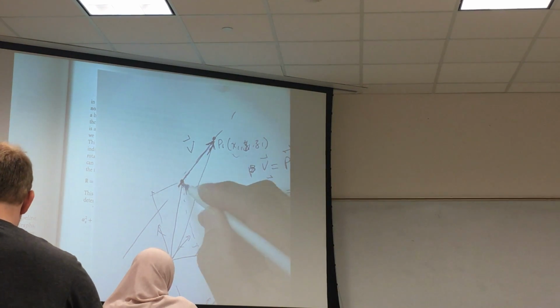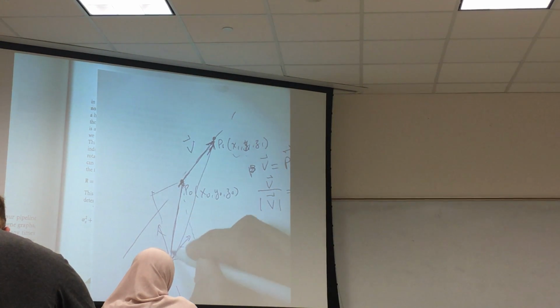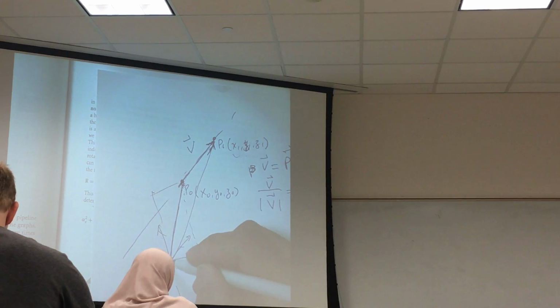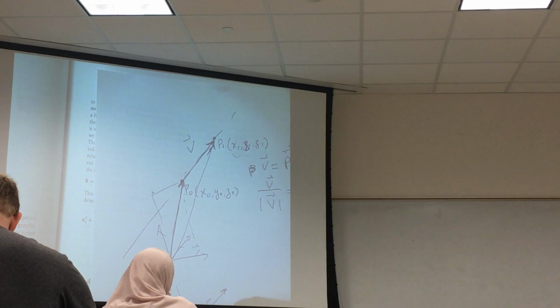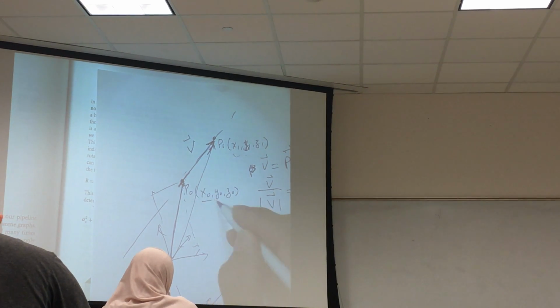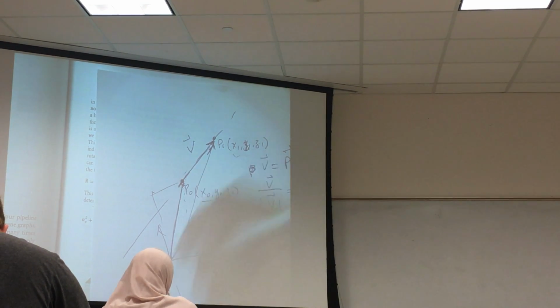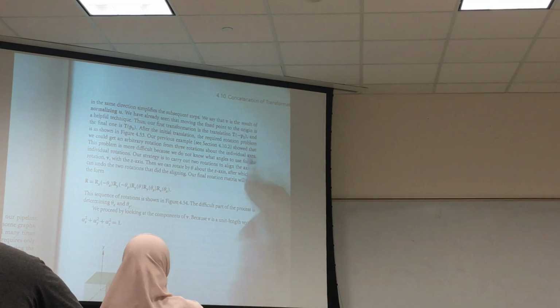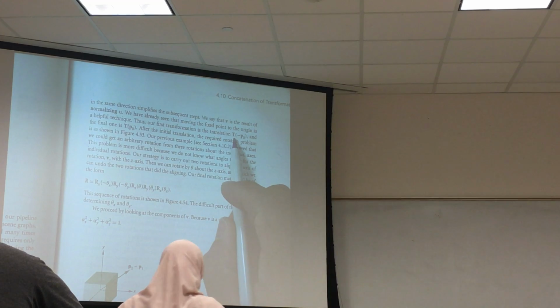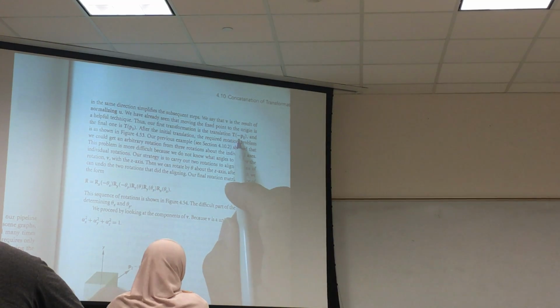By how much? By this position, which is the position vector. We know exactly how much to move because we know the components to go backwards. So essentially it's translating by minus P0.